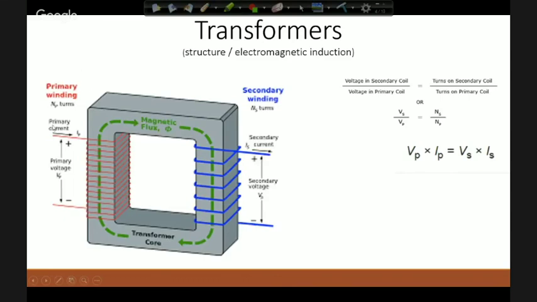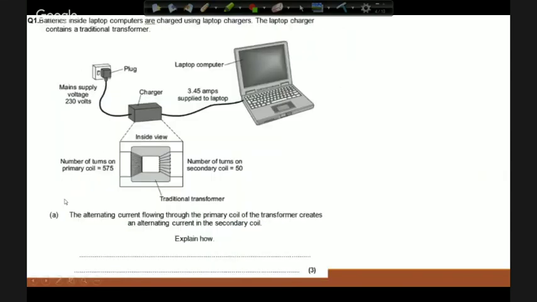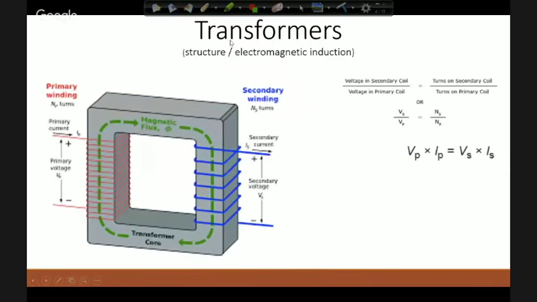On the primary side, from the power station, will come current and voltage, and then it's connected via an iron core, which is not conducting electricity. There's no electricity going through the iron core, just magnetic field. On the right-hand side, the secondary side, is another set of cables wrapped around this iron core.